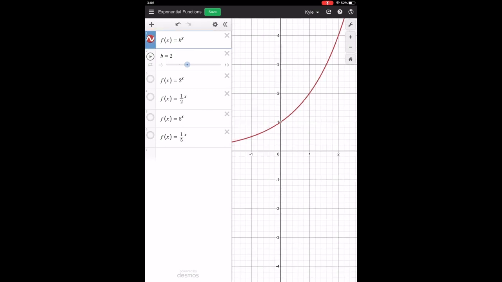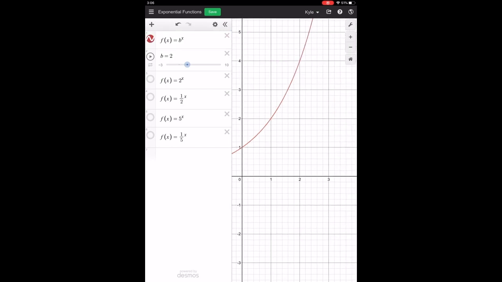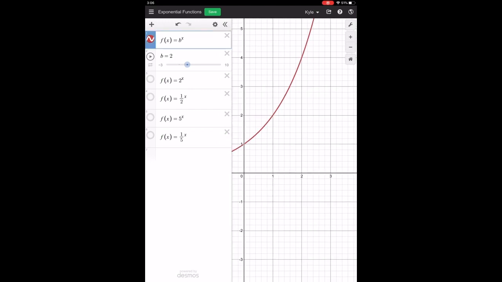We have (0, 1) as our intercept. We also have (1, 2), and it's going to be hard to see, but that should be (2, 4).